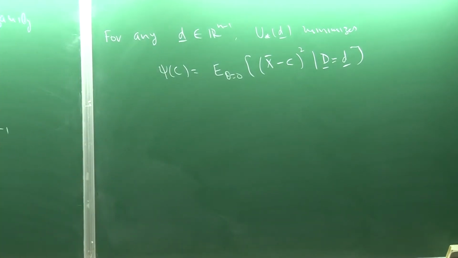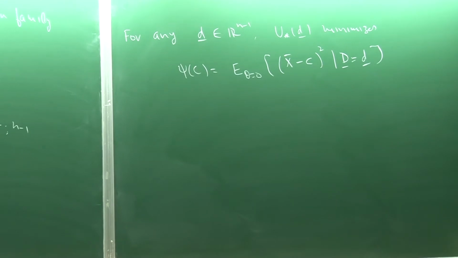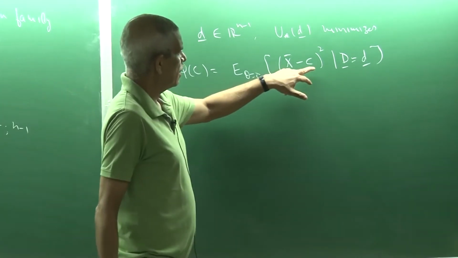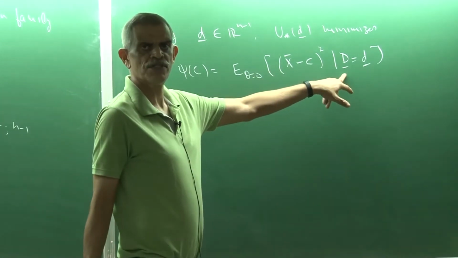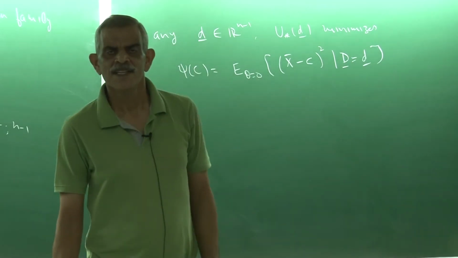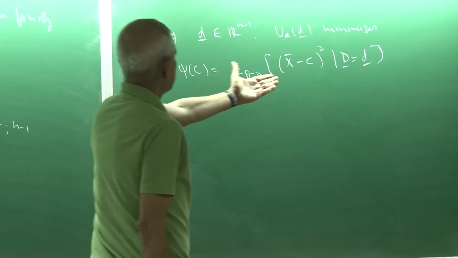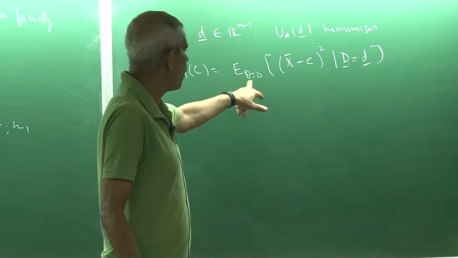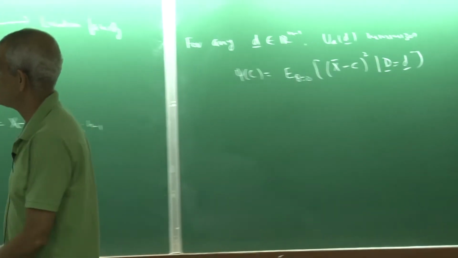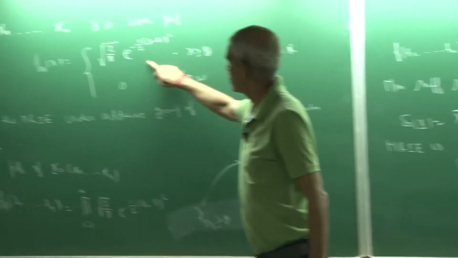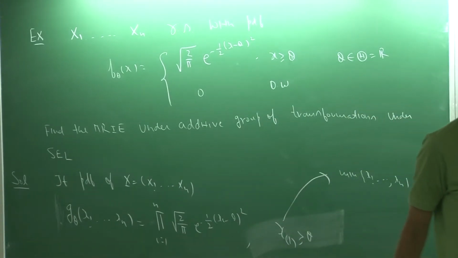If this conditional distribution was independent of d, then my minimizing c would have been the expected value of X bar at theta equal to 0, which is easy to find from the probability density function under theta equal to 0.